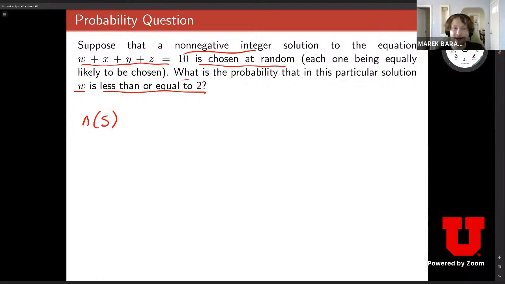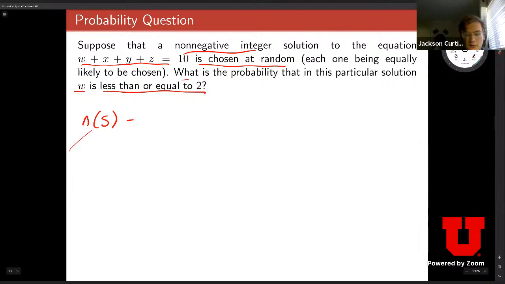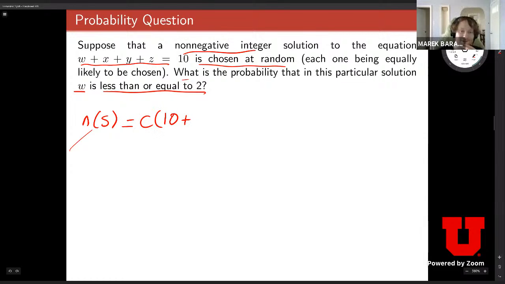Does anyone recognize how we can count the sample space? This is like a bag problem. So you do choose 10 plus the number of elements minus 1, out of 10. Right, so we're doing 10 plus 4 minus 1.